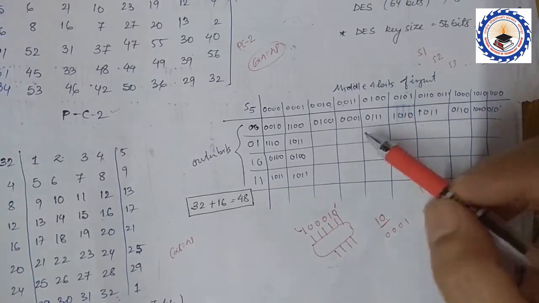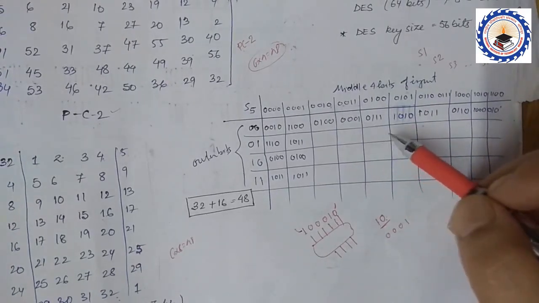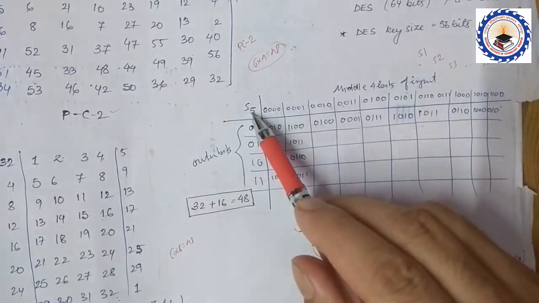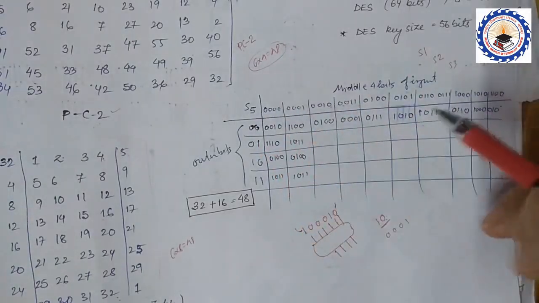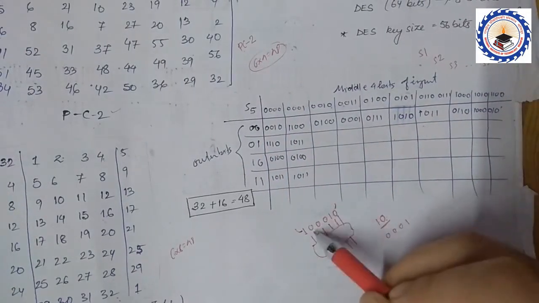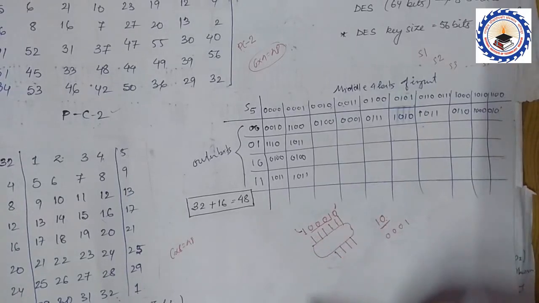Then you look up the S-box table. Since I am showing S5 here, it is different from S1, but the technique is the same: you consider the outermost bits and the remaining inner 4 bits.